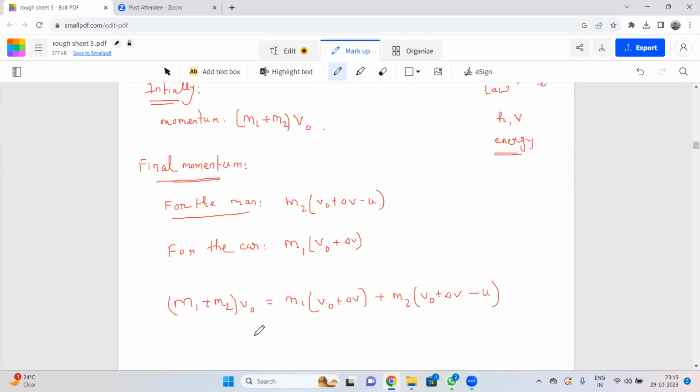From here you can calculate your delta v. That is of course impulse and momentum.